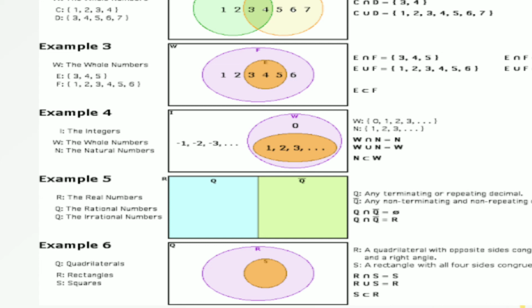Whole number is W and natural number is N. Whole numbers are from 0 to infinity and natural numbers are from 1 to infinity. So we can consider W intersection N as N and W union N as W. So N is a subset of W.